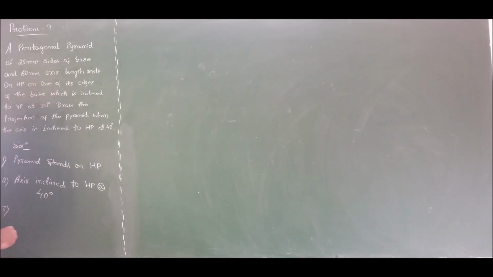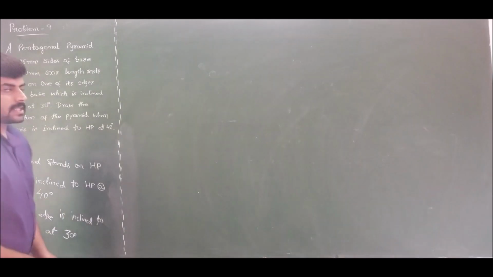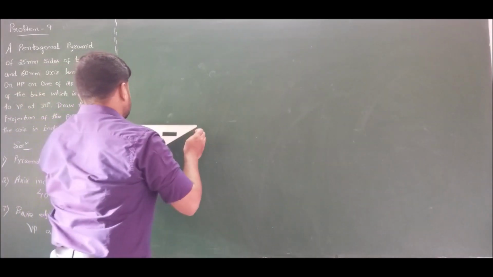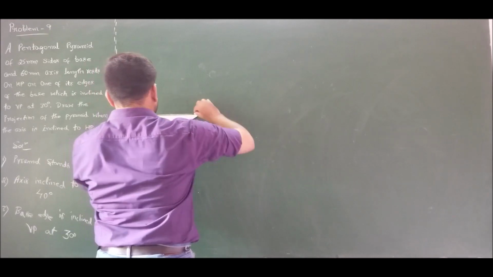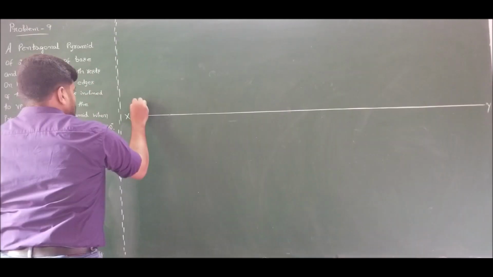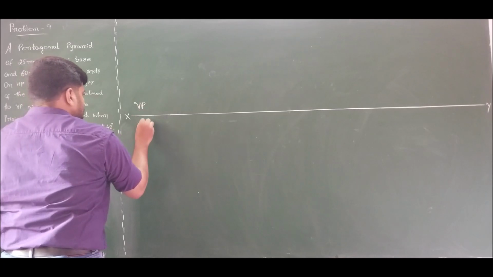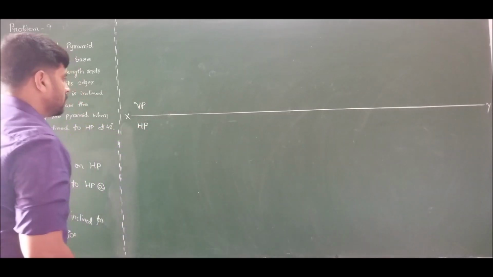In the third position, the resting base edge is inclined to VP at 30 degrees. Let us draw the XY line first. This is the vertical plane and this is the horizontal plane.